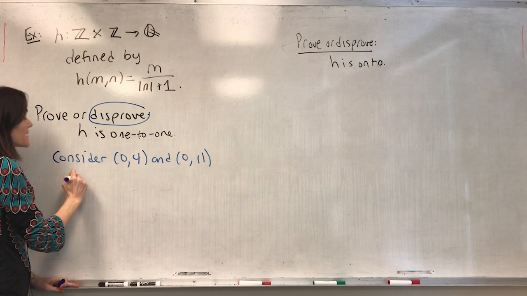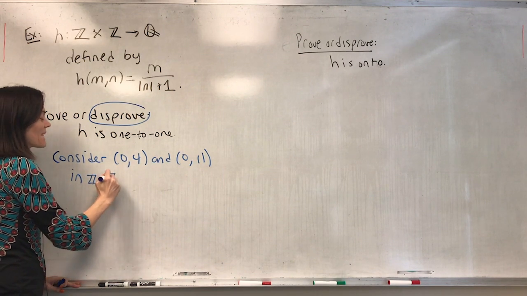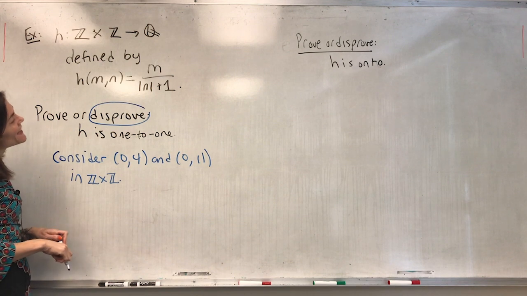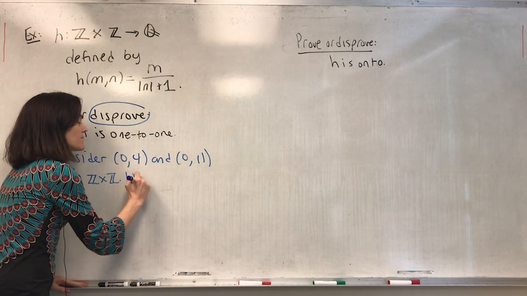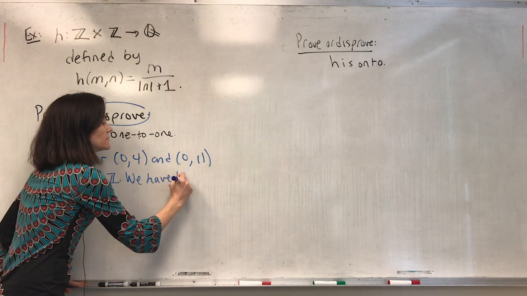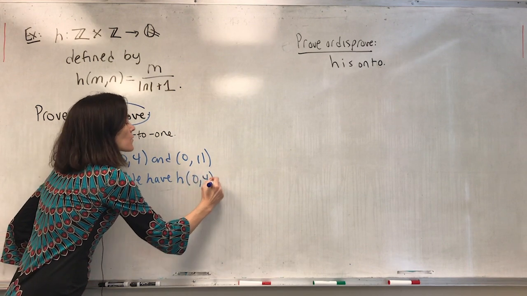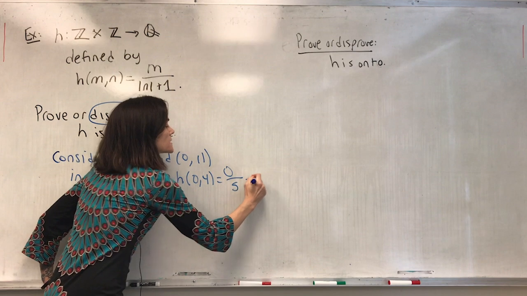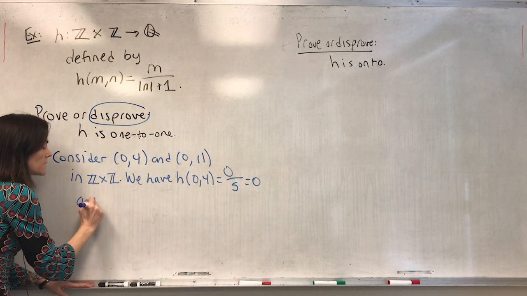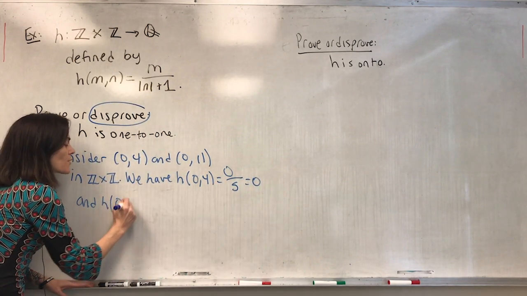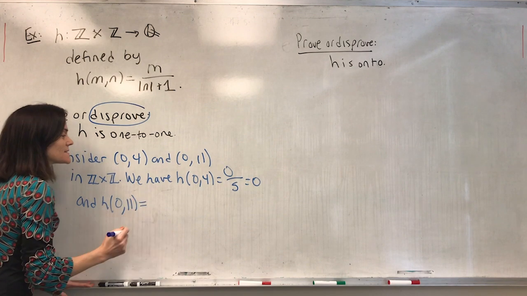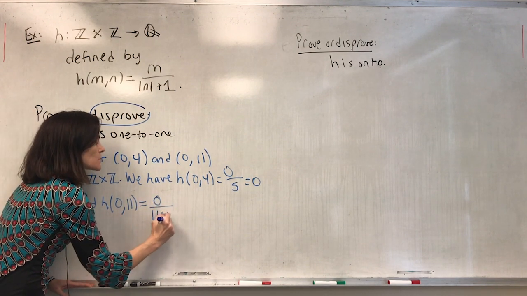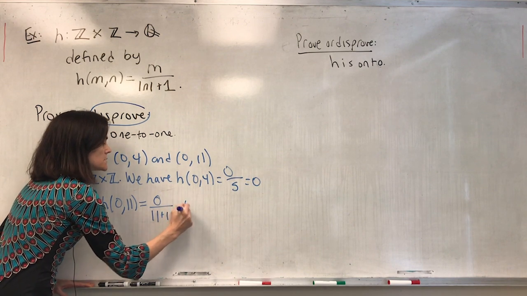These are both in Z cross Z, two different elements of Z cross Z. Then H of (0, 4) is 0 over 5, which is 0, and H of (0, 11) is 0 over 11 plus 1, which is 0.